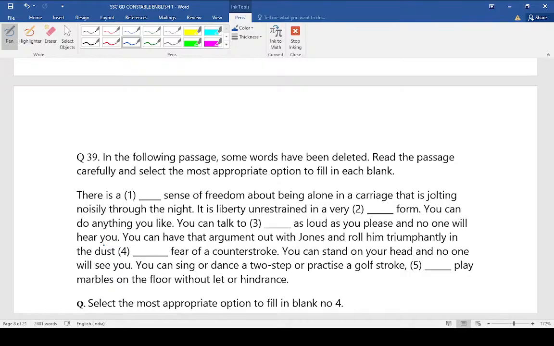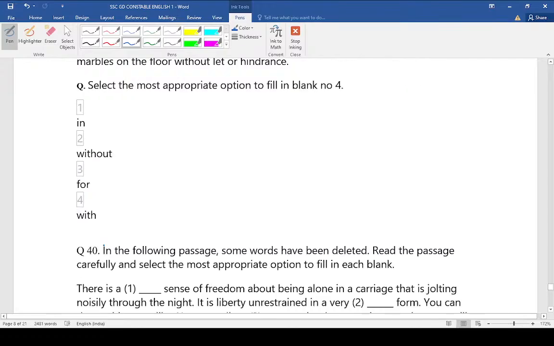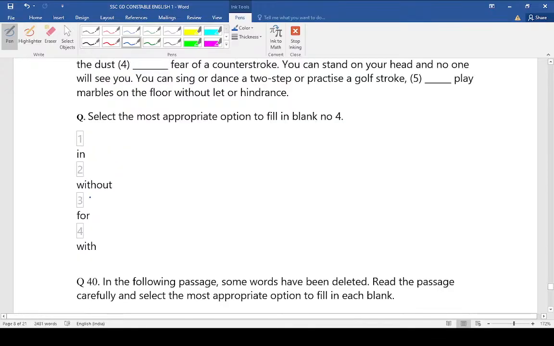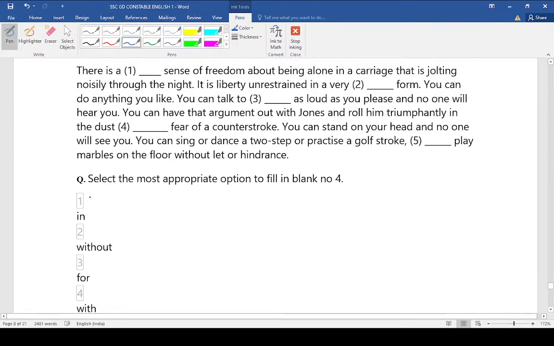So here, what were the options given? Select the most appropriate option to fill in the blank number 4. In, without, for, with. In doesn't convey the idea of absence of fear, so it will be eliminated. Without means without fear, so it will be relevant.